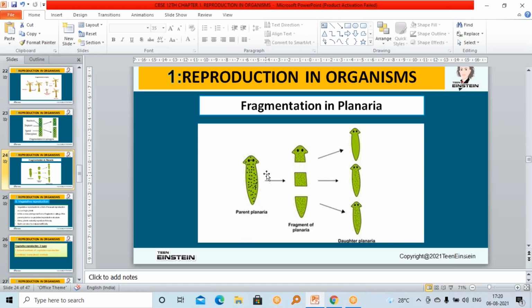These constrictions will increase until the two parts separate, and they will move away from each other like this.